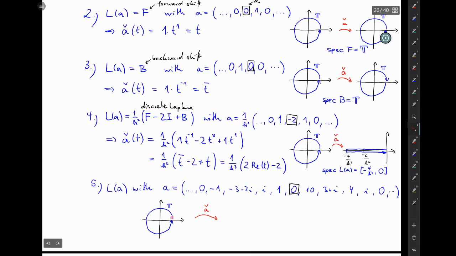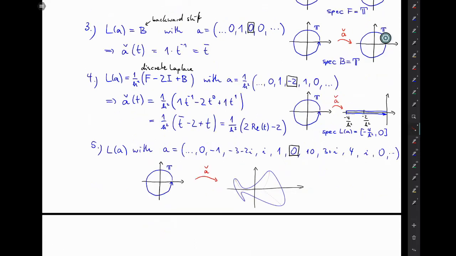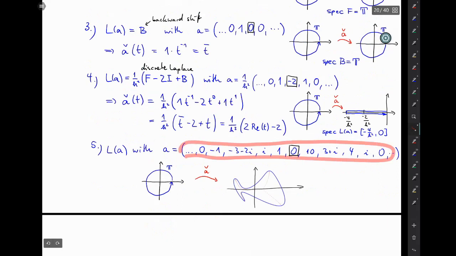And when you apply this to the unit circle, then you will get our lovely fish. So this here is the fish sequence. Convolution by that gives you the operator whose spectrum the blue curve is.